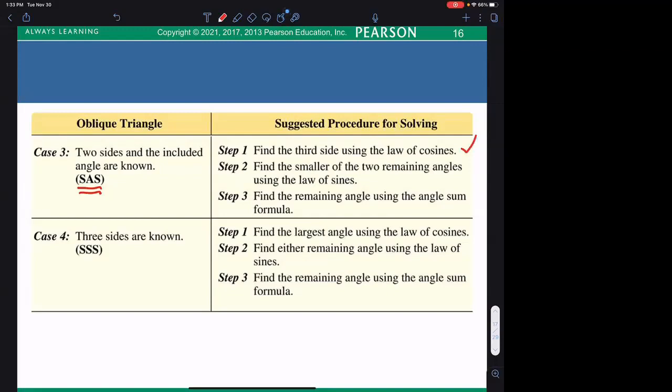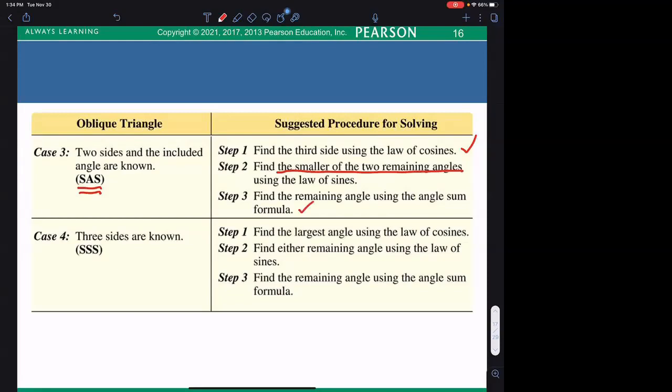And then once you know that third side, you will have the parts you need in the law of sines to find the other angles. So then find the smaller of the two angles using the law of sines. Notice it says find the smaller of the two remaining angles, and you can judge that by looking at the sides opposite them. Then you'll be able to find the remaining angle using the angle sum formula, and that will always be correct.